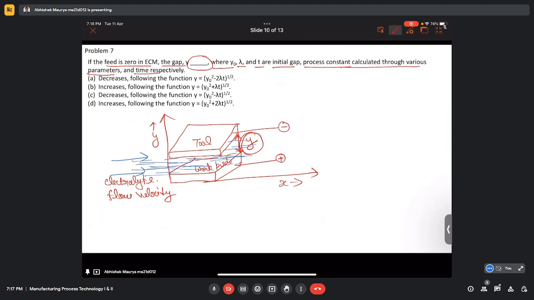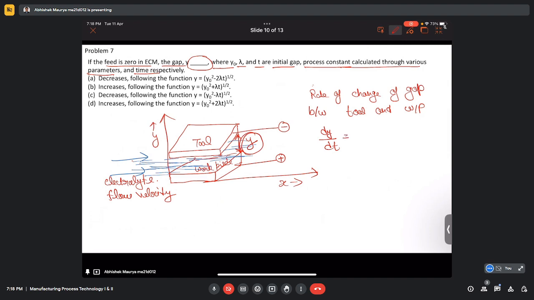So the rate of change of gap between tool and workpiece is given by dy by dt.